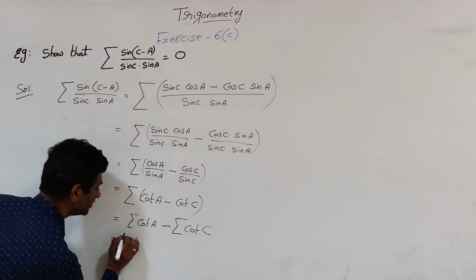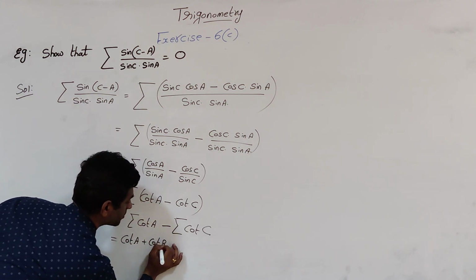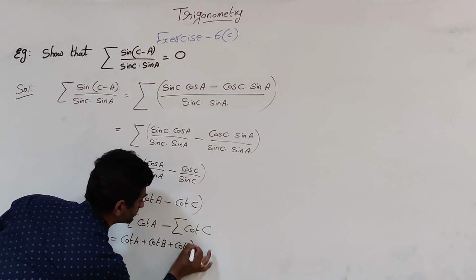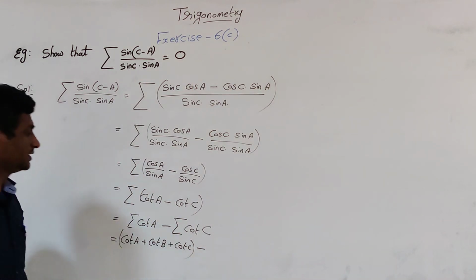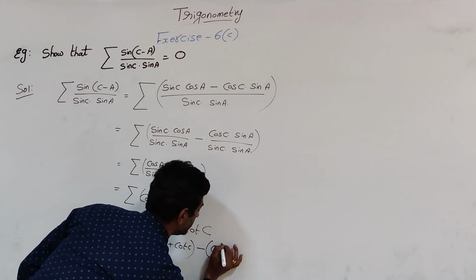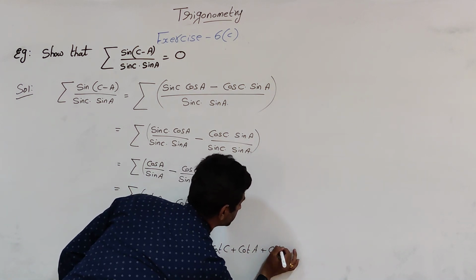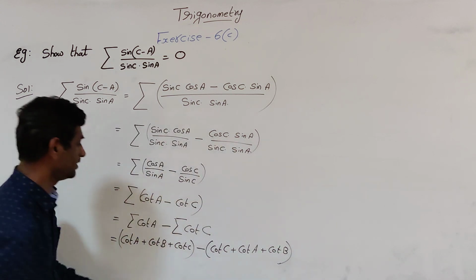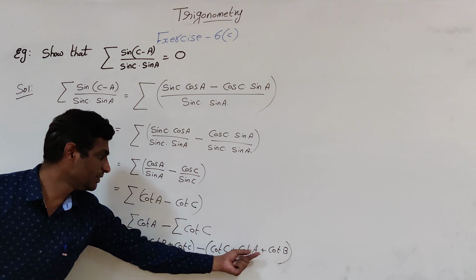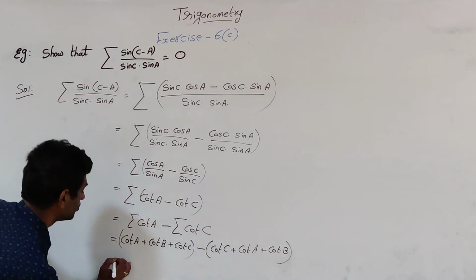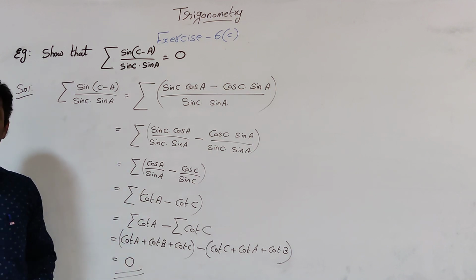If we expand, cot a plus cot b plus cot c, minus cot c plus cot a plus cot b. If you take the difference, cot a minus cot a, cot b minus cot b, cot c minus cot c, overall it will be 0. So this model is also very, very important.